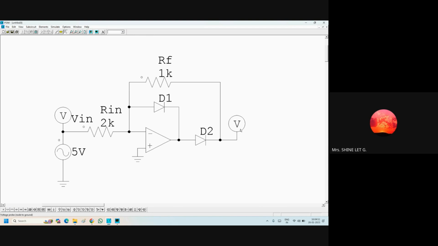The signal is rectified and amplified. Clear? Half-wave rectifier circuit?